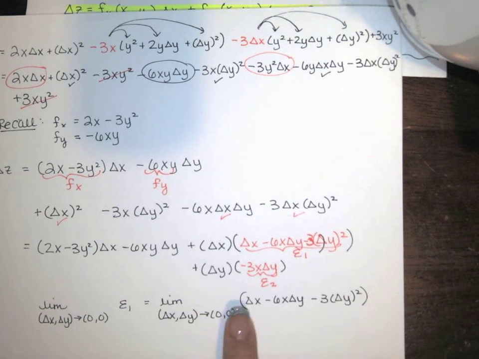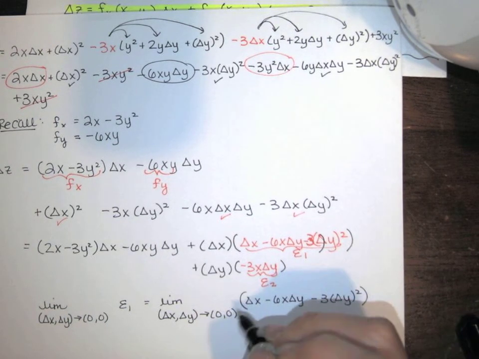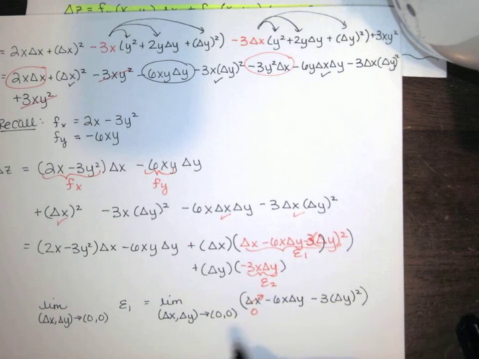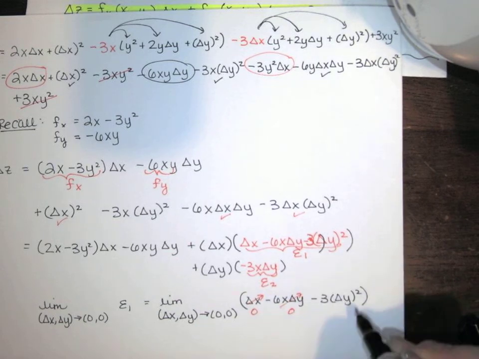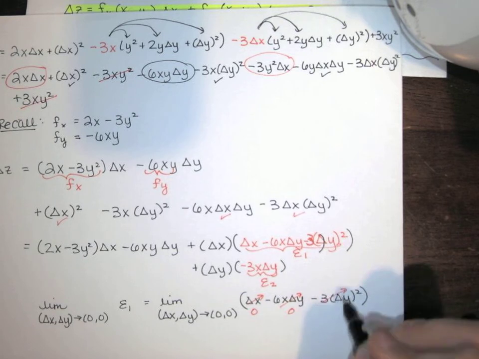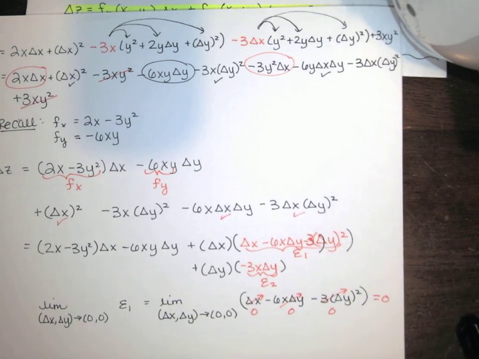As delta x goes to 0, that's 0. As delta y goes to 0, that's something times 0, so that's 0. That's 0 squared times 3, so that's 0. And so we get 0. So as delta x and delta y go to 0, both of them individually, epsilon 1 goes to 0. And we have to show the same is true for epsilon 2.